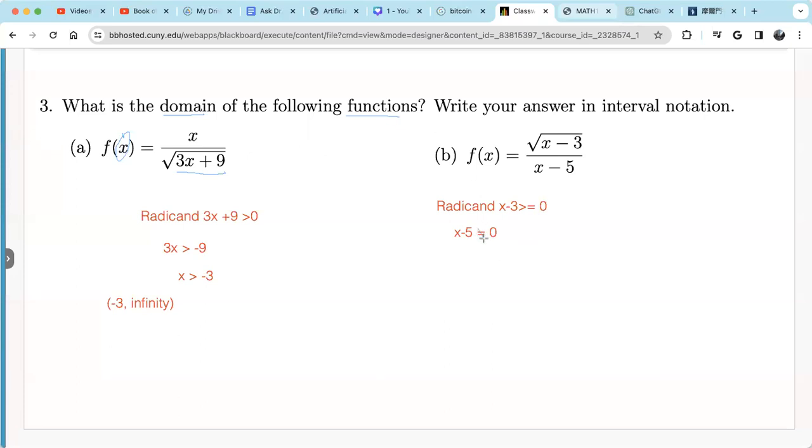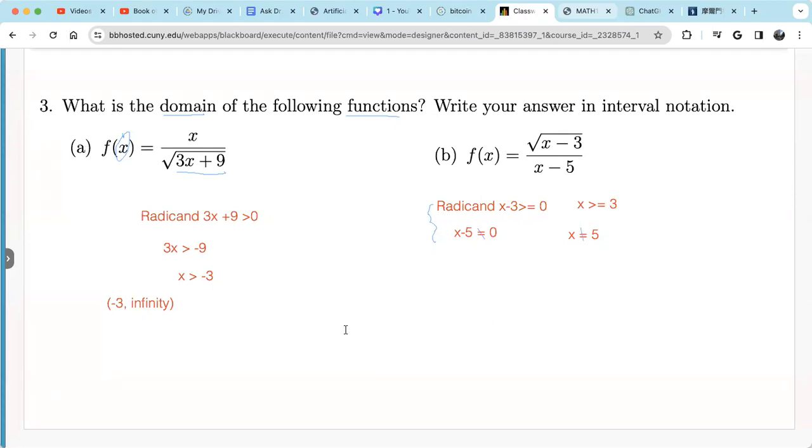So we have to consider both. This one is tricky. Solving the first inequality, x has to be greater than or equal to 3. The second one says x cannot be 5. x can be any number, but just not 5.